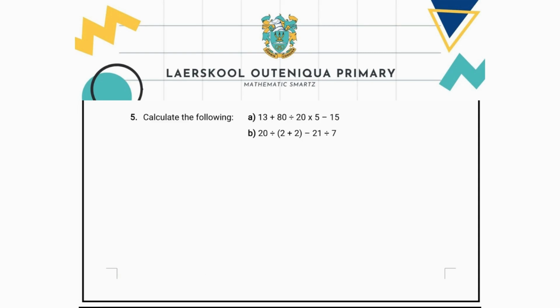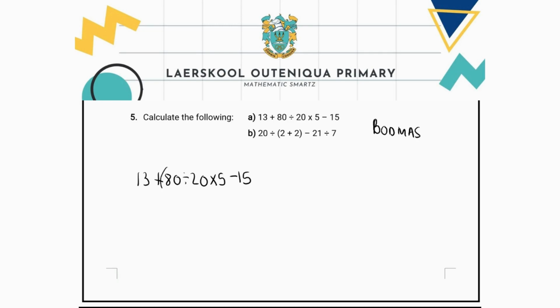Calculate the following. A. 13 plus 80 divided by 20 times 5 minus 15. Now, in order to solve this sum, I have to apply BODMAS, my order of operations. So, according to BODMAS, what do I do first?